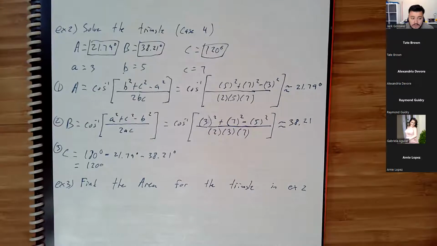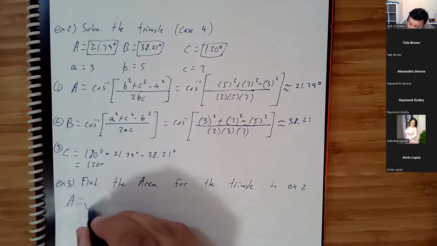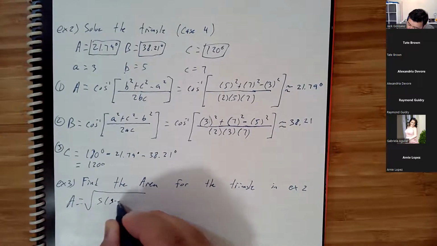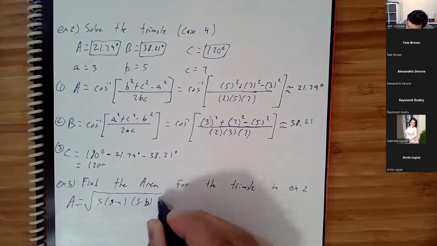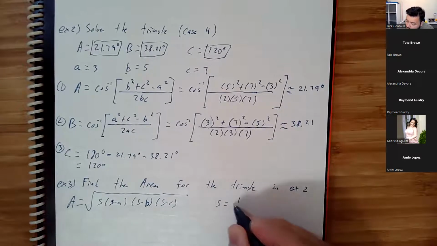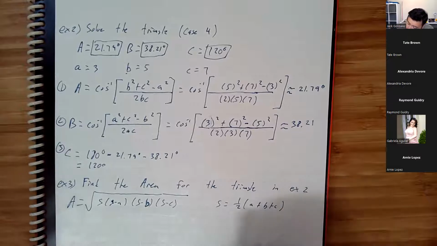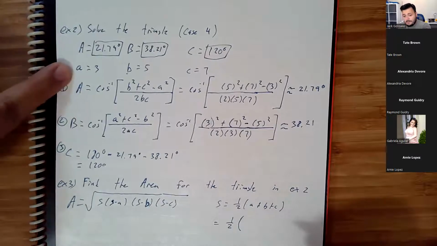So we need the sides to use Hero's formula. So we know that the area A will be equal to the square root of S times S minus A, S minus B, times S minus C, where S is equal to 1/2 A plus B plus C. So that will be these 3 sides here.